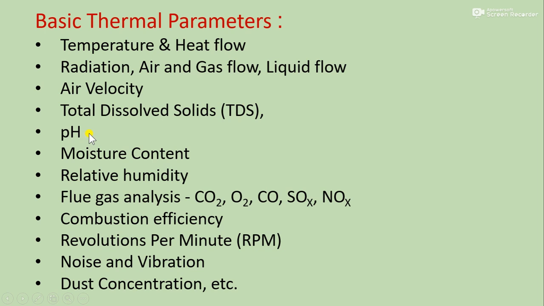Then moisture content in air, relative humidity, that is percent moisture content in air. Then in case of boiler, the burning gases released to the atmosphere contain CO2, O2, carbon monoxide, SOx and NOx. Its measurement is called flue gas analysis.